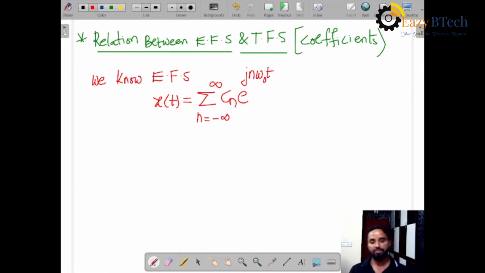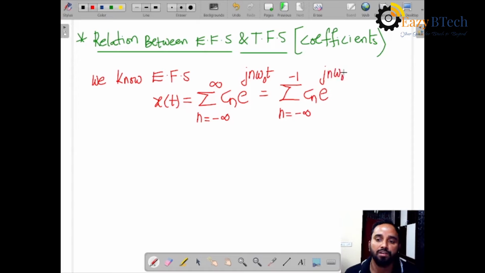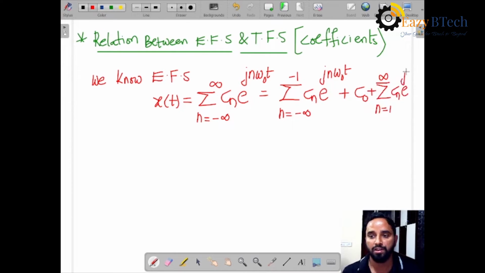This summation I am going to split as summation n equals minus infinite to minus 1 Cn e to the power jn omega naught t, plus C naught, I am writing the n equals 0 term as C naught, plus summation n equals 1 to infinity Cn e to the power jn omega naught t.